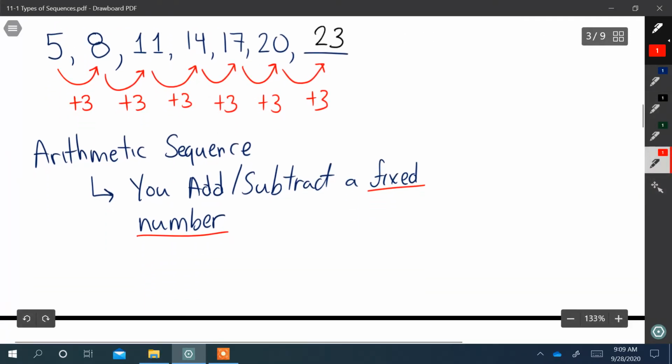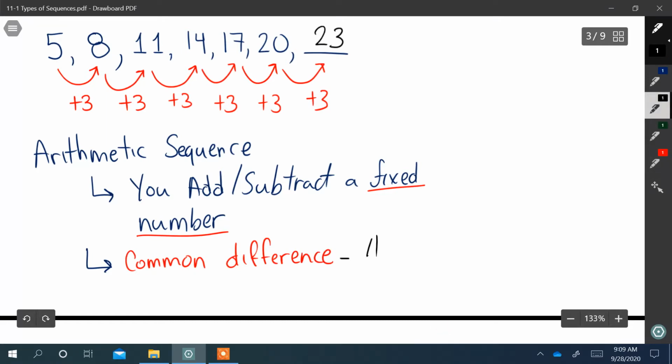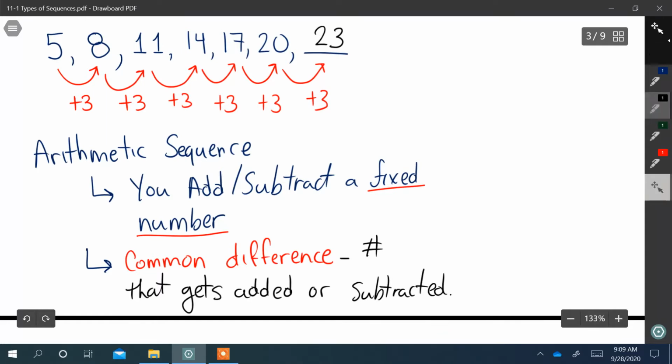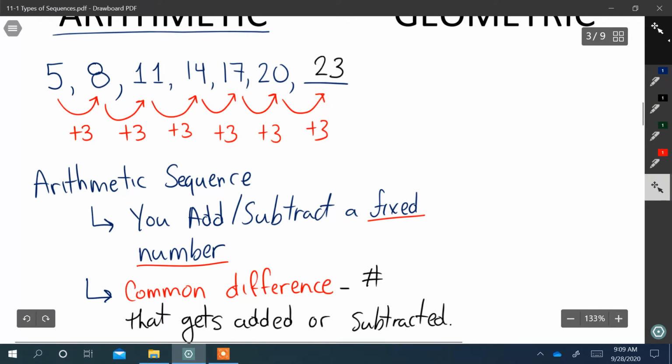We call it the common difference. And hopefully you're writing this down. The common difference is the number that gets added or subtracted. All right. We'll see a couple more examples of an arithmetic sequence.